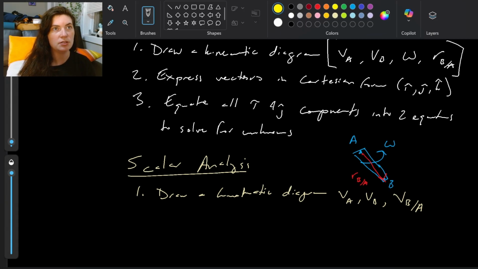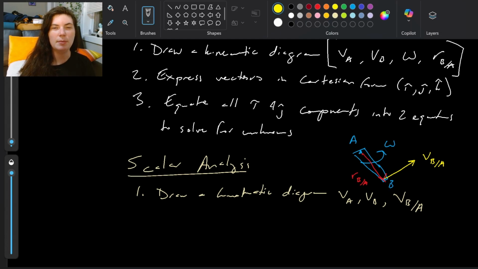So our velocity of B with respect to A is perfectly perpendicular to R, B with respect to A, in the direction of omega, in the direction that it's swinging around A.